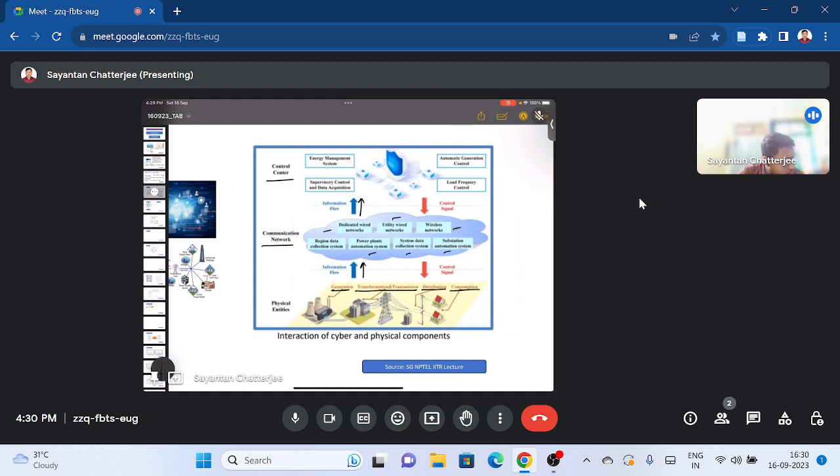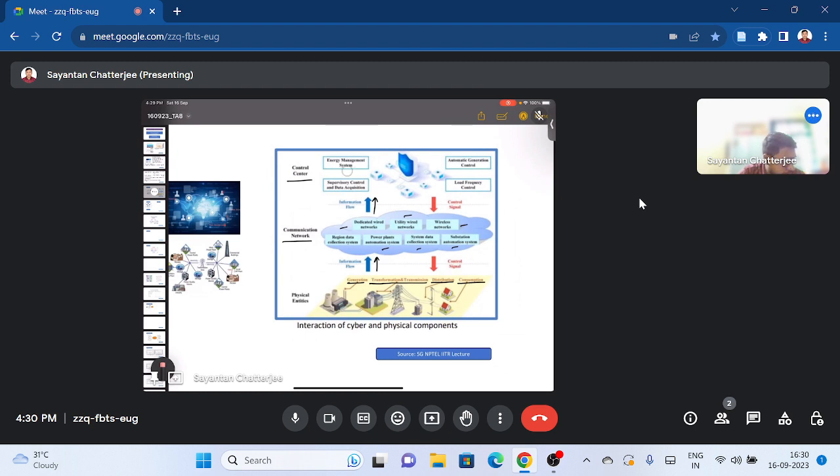In the control centers, various programs run: energy management system, supervisory SCADA system, then automatic AGC, LFC. After this entire operation, control signals are generated and distributed along the physical layer components.